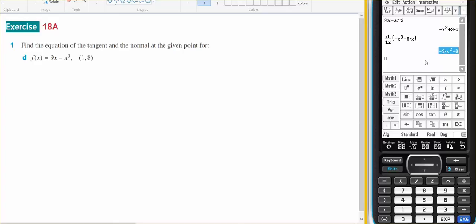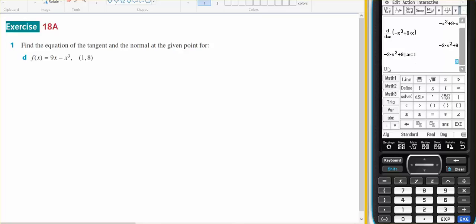Take that. And I'd like to know what the derivative is when x equals 1, so make x equal 1. Therefore, I've got a gradient of 6.